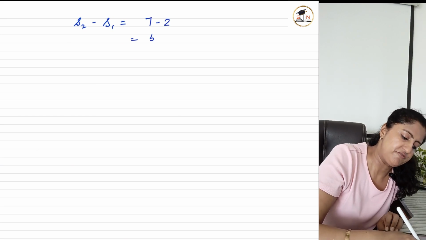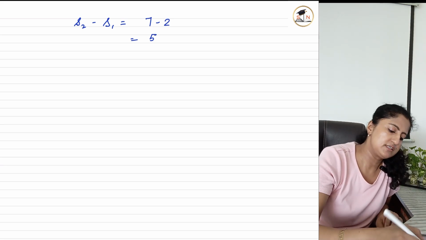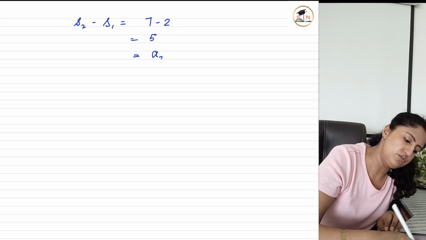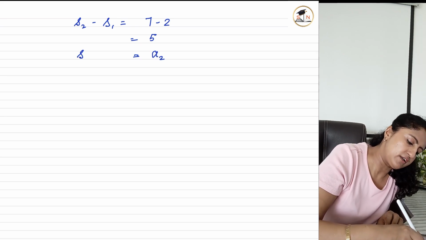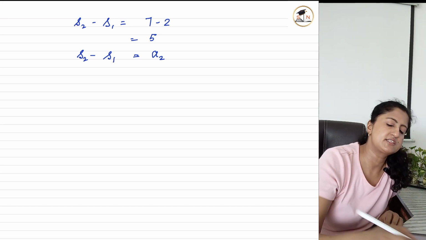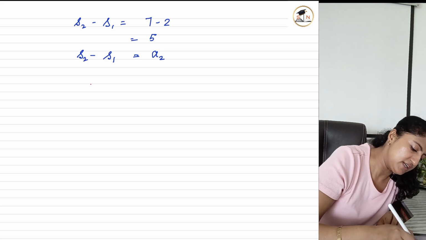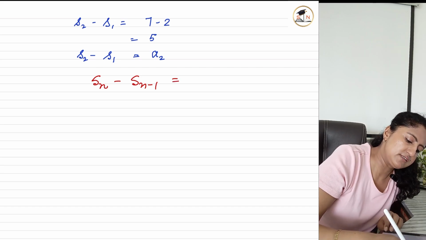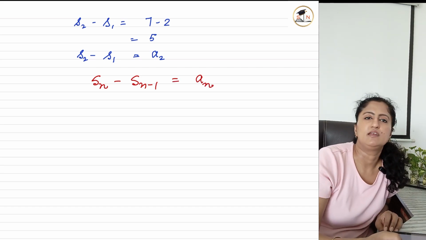I am getting 5. 5 was my second term, A2. So if I subtract S2 minus S1, I am getting A2. Now, this gives rise to an important relation, which is Sn minus Sn minus 1 equals An.